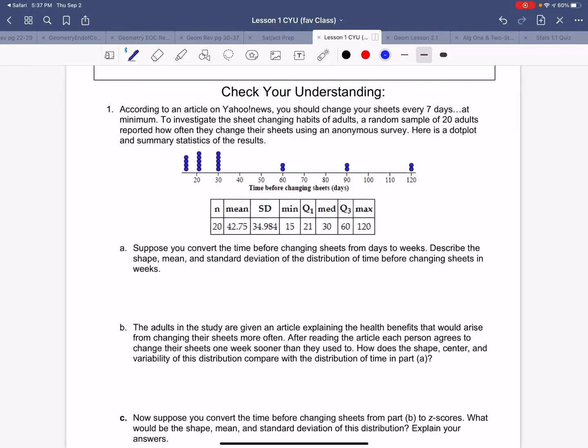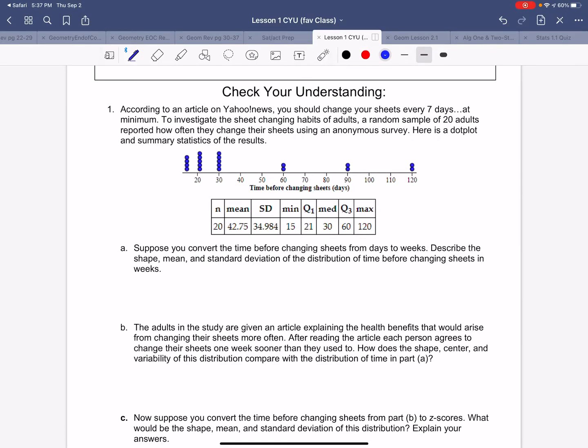It says, according to the article of Yahoo News, you should change your sheets every 7 days at a minimum. To investigate sheet changing habits of adults, a random sample of 20, so we have 20 dots, are shown below. Suppose you converted the time before changing the sheets from days to weeks. Okay, so right now it's at days. What would happen if we changed it to weeks? So for instance, a value of 60 days would then be shown in the table.